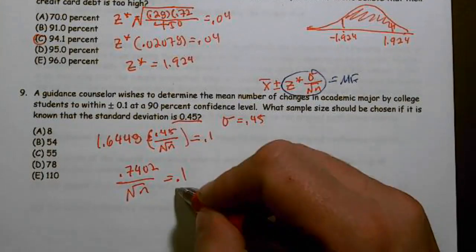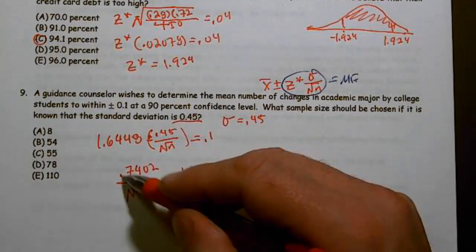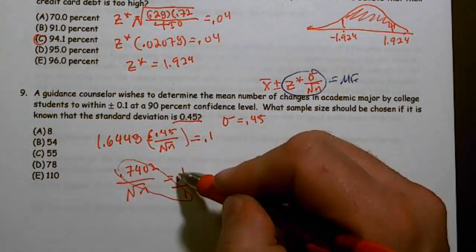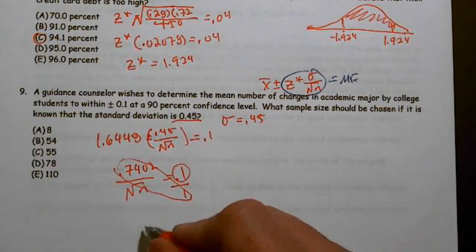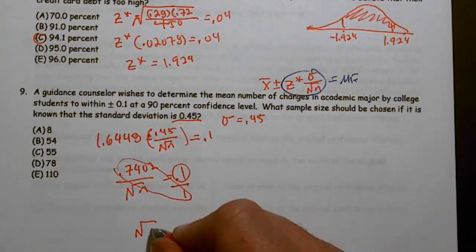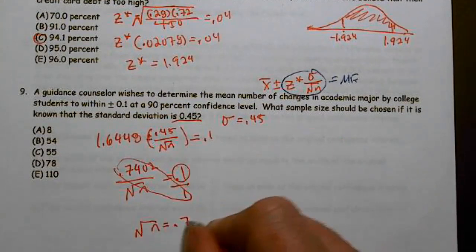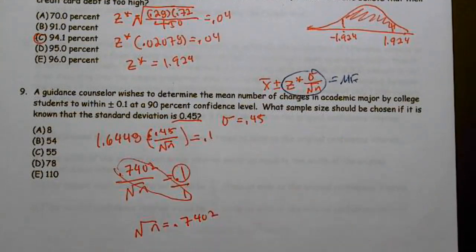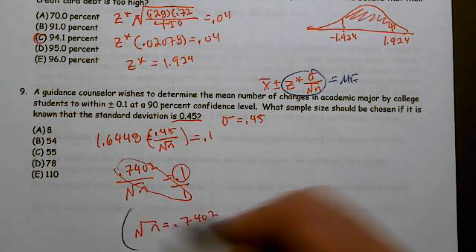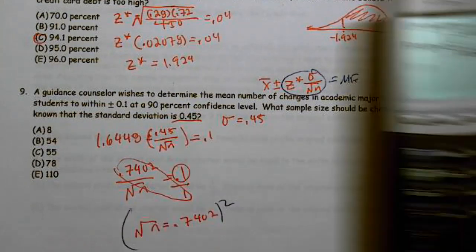So I'm going to go ahead and put this over 1. Divide by the third number. And what that tells me is the square root of n equals 0.7402. All right, square root of n is 0.7402.